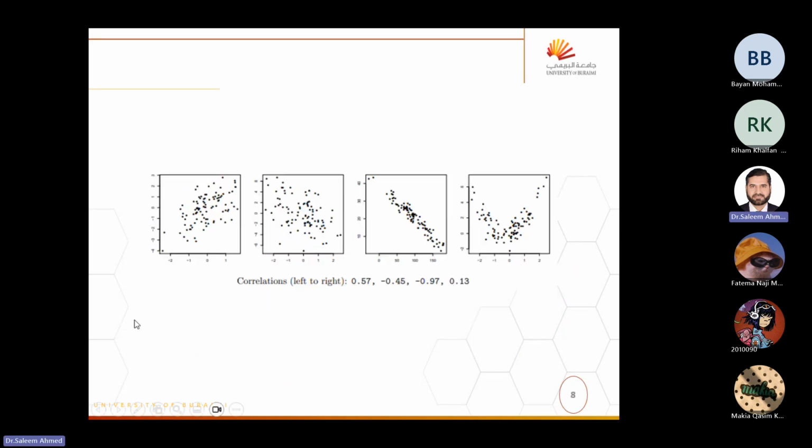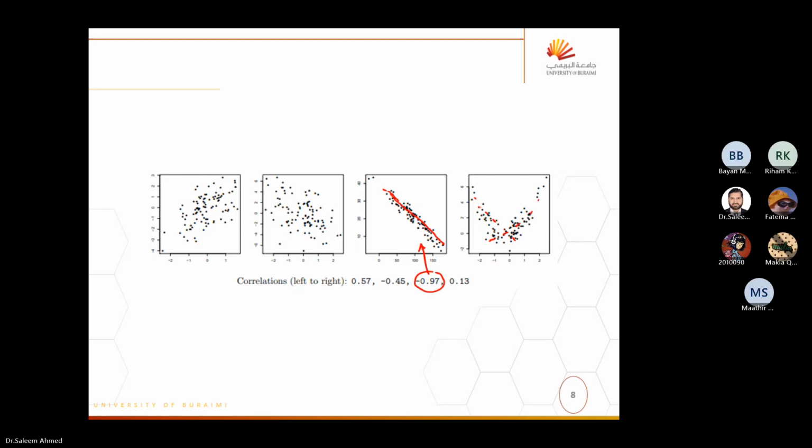So we can see a simple example here. In this case, your R will be very close to -1. It's going down, so R will be very close to -1. Now R is very small. And here, yes, there is some relationship.